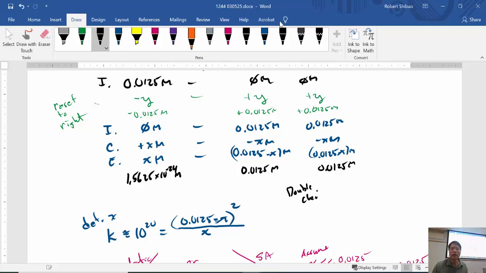We're going to double check our calc, and that is K is equal to 0.0125 times 0.0125. And that's going to give us 0.0125 squared. This is the ammonia times the hydroxide, divided by 1.5625 times 10 to the minus 24. So can you punch this in your calculator and tell me what you get?